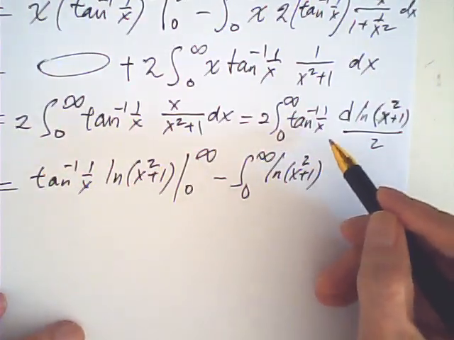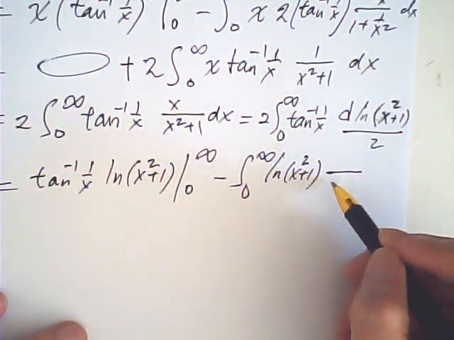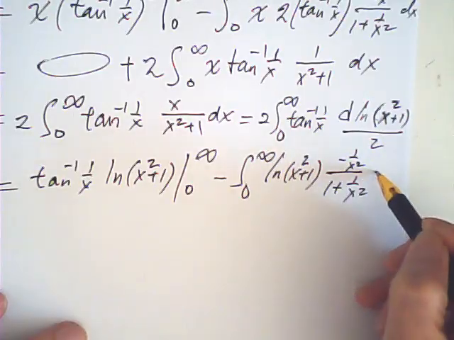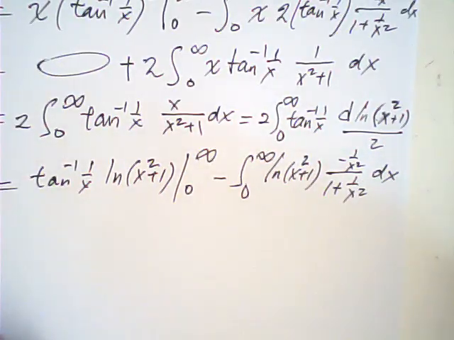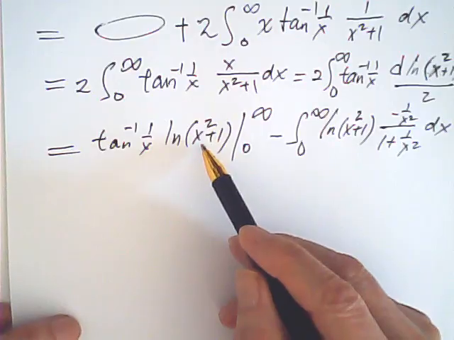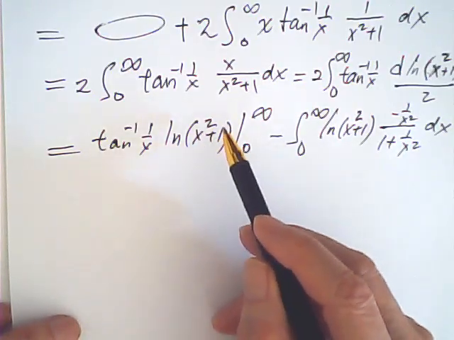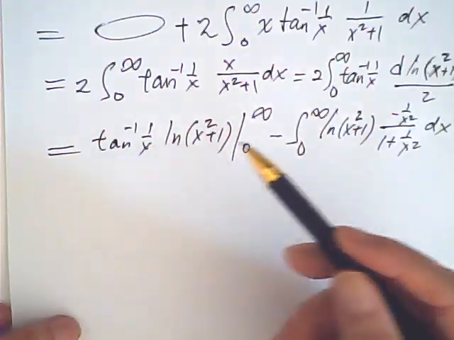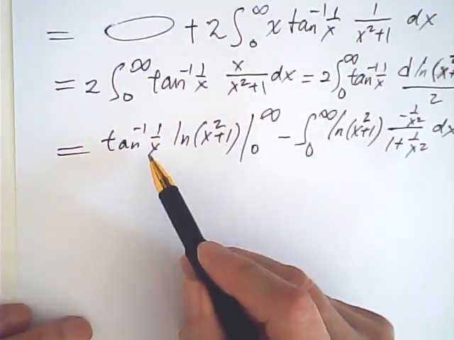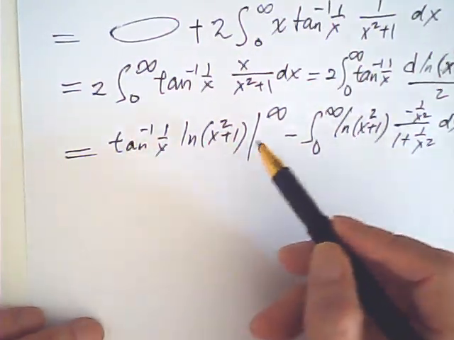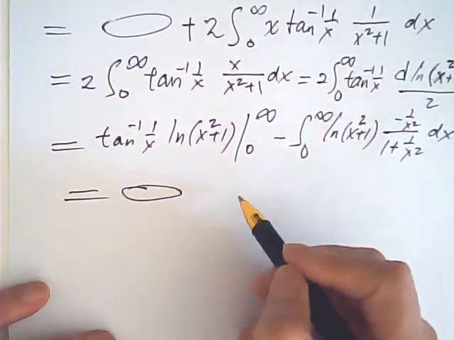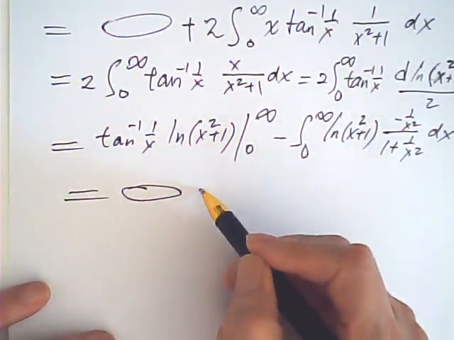Du is the derivative of this one with respect to x, so this is 1 over 1 plus 1 over x squared, and the chain rule. Very good. When x goes to 0, no problem, it's 0 times half pi. When x goes to infinity, this is infinity, this is 0, so I use L'Hopital's rule. I leave it for you. So this is 0. Negative, negative becomes plus.